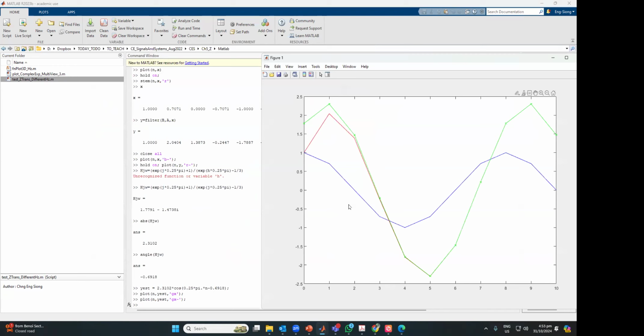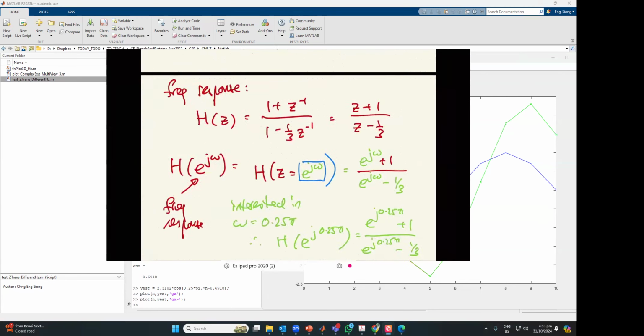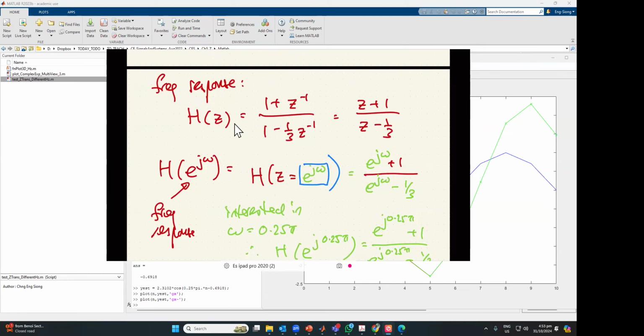Okay. So now you know, right? So this is the magic of H of z. In H of z, I am simply substituting my z as e to the j omega. And in fact, I'm not even substituting the entire omega.